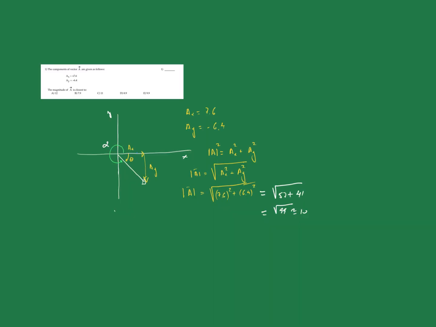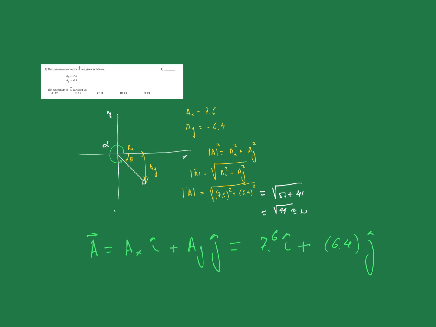How will you write the vector? The vector A is the vector AX in the I direction plus AY in the J direction. What is this vector? AX, 7.6 in the I direction plus 6.4 in the minus j direction.